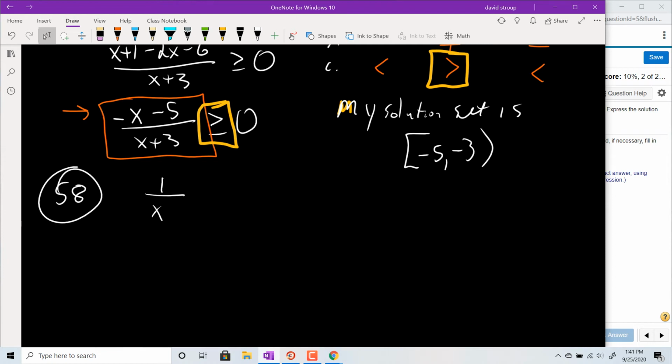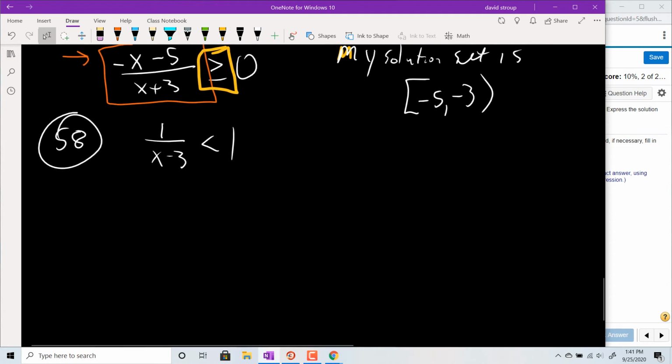1 over x minus 3 less than 1. Okay, so again, I got to set it equal to 0. 1 over x minus 3 minus 1 less than 0. I need a common denominator. So 1 is the same as 1 over 1. Multiply top and bottom by x minus 3.